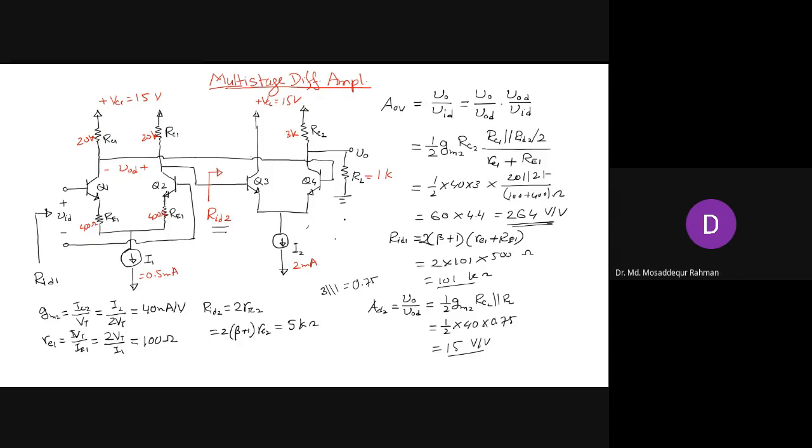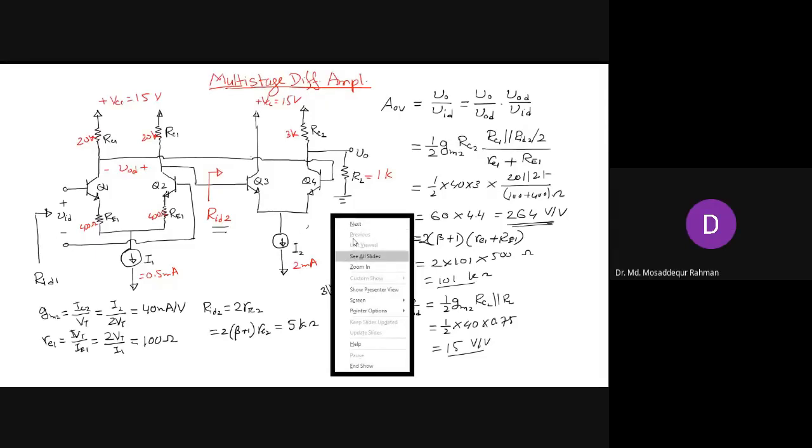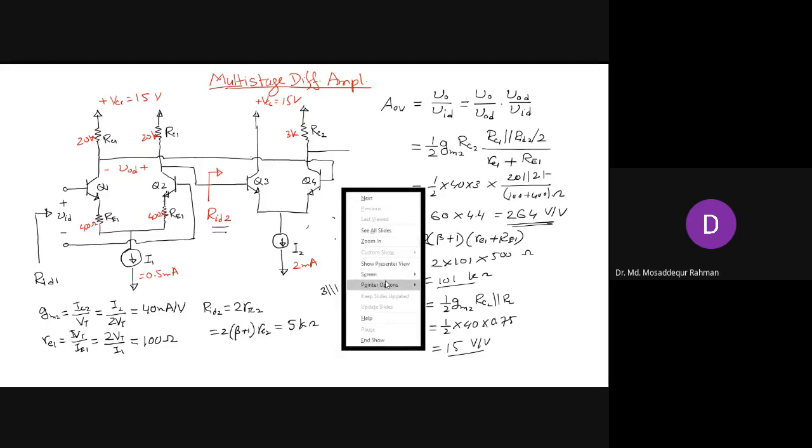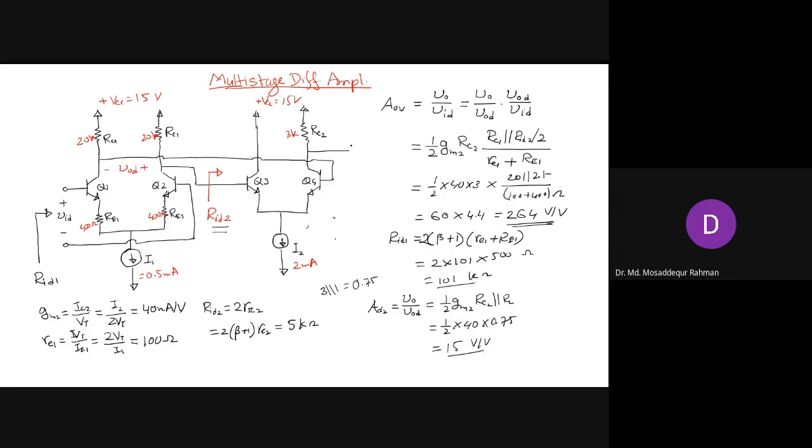So a buffer. Yes, exactly. We need to use a buffer to isolate the load from the output stage. So instead of connecting the load directly to the output, we put a buffer here.